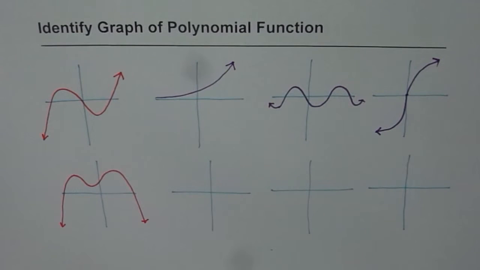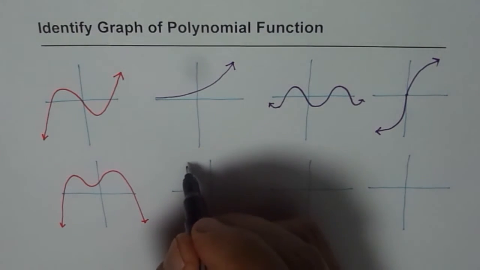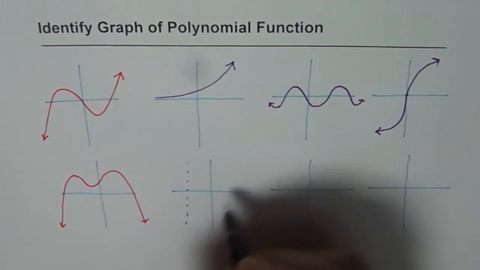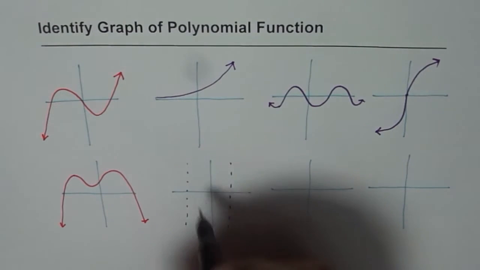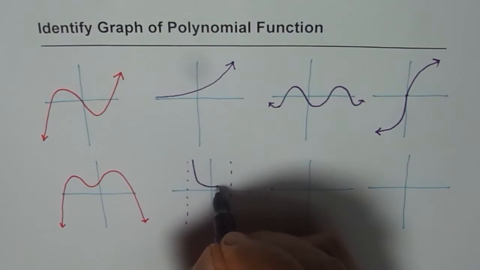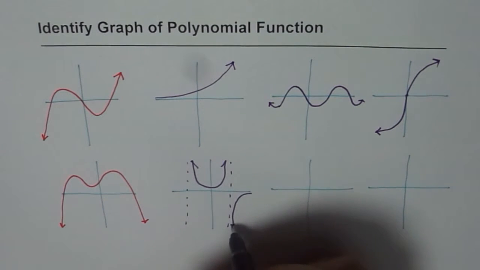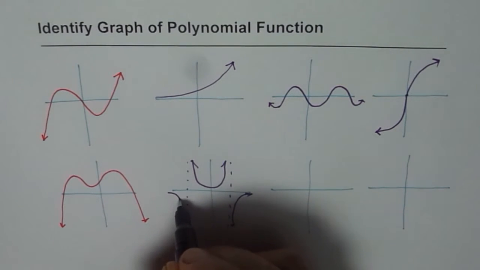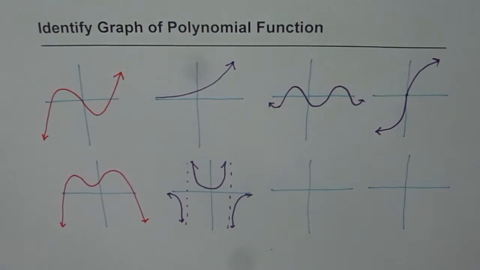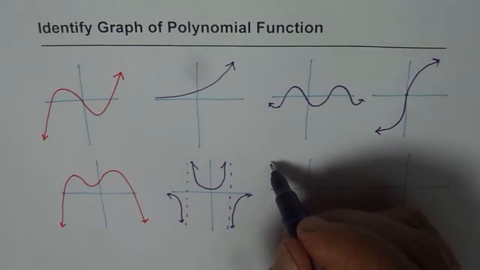Think about it. Or at times we may have a function which has vertical asymptotes. So here is a function with vertical asymptotes and a horizontal asymptote. Is this a polynomial or not? And what do you think is the reason for this graph? Now how about this function?